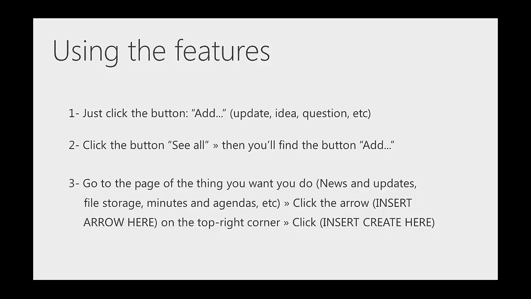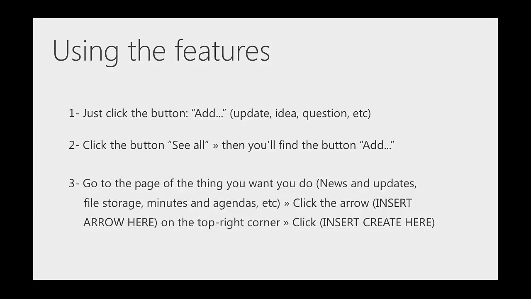There are three ways you can. The simplest way is that sometimes you're just going to find directly an add button, and it will be pretty much implied what you're doing. Like if you're in the news section and it says add, you're adding a news or update. If you're in the ideas section and there's a button saying add an idea, it's pretty straightforward.